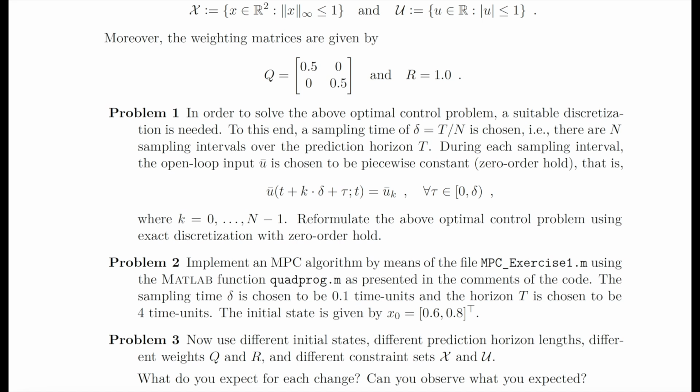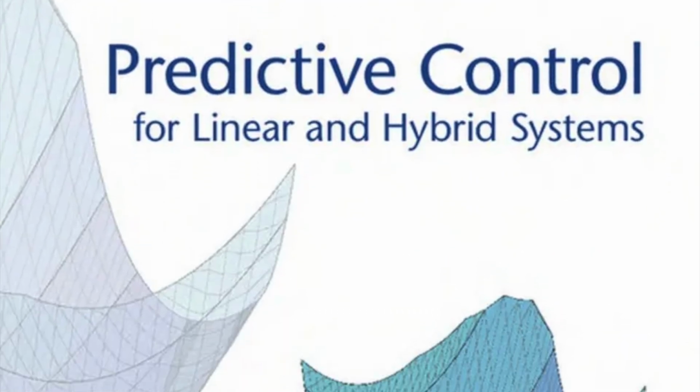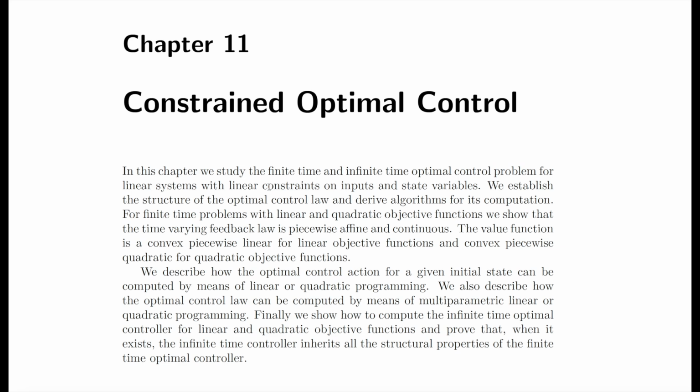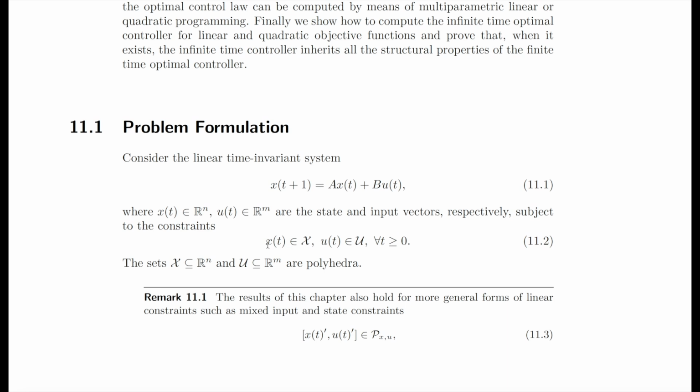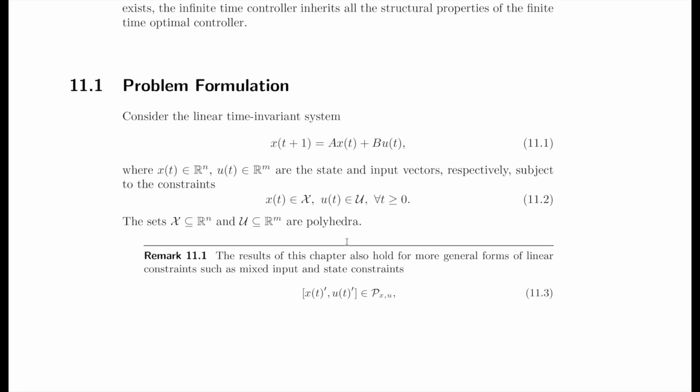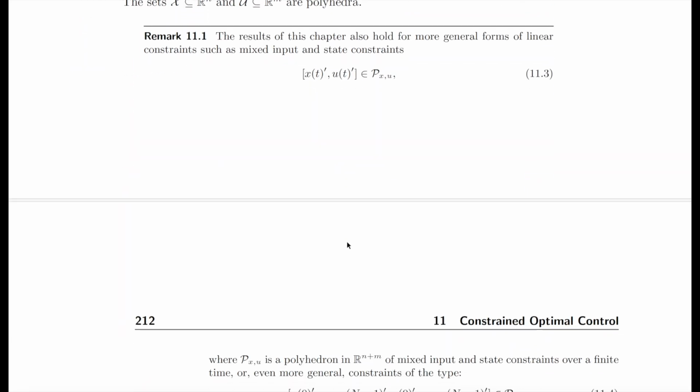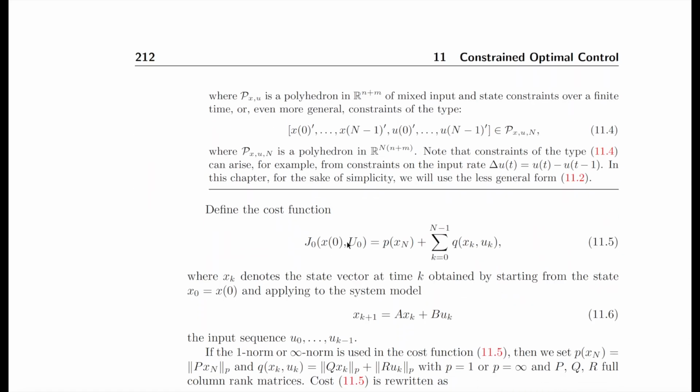So let us turn a little bit to the theory now. We go to chapter 11 of this book, and it talks about constrained optimal control. So again, we have the system. Now the state is constrained and U also is bounded. So we can consider that we have this polyhedra that contains the feasible solutions of state and of the input.